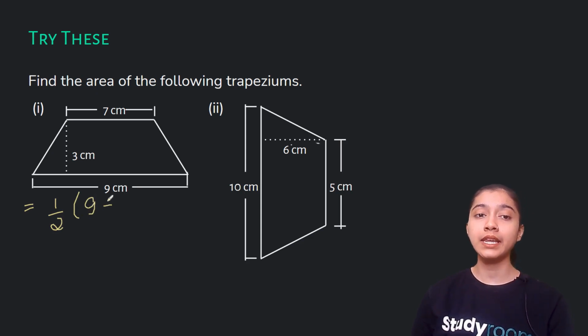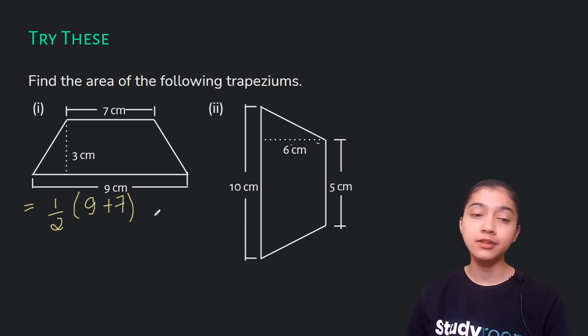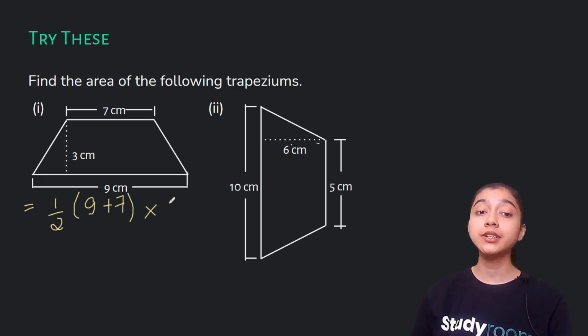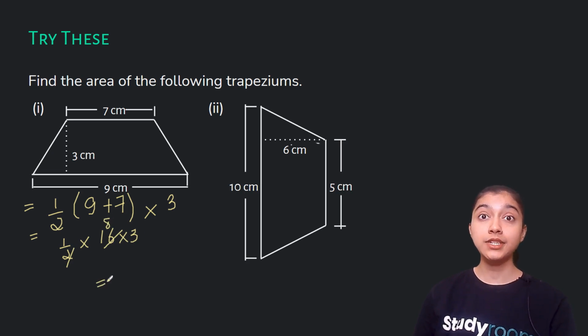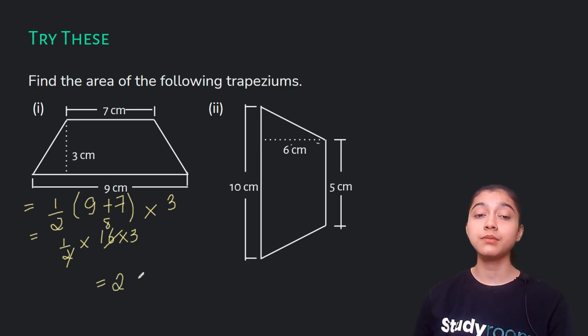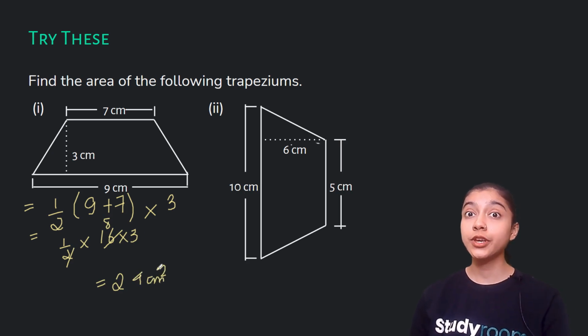So it will be 9 and 7, because 9 is this parallel side and 7 is the length of the other parallel side. Multiplied by the vertical distance between them, that is 3 centimeters. So ultimately we have half multiplied with 16 multiplied with 3. 2, 8 times 16. So ultimately the area of this trapezium will be 8 multiplied with 3, that gives us 24 centimeters square. Don't forget to write the unit.